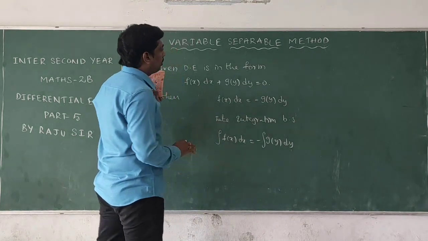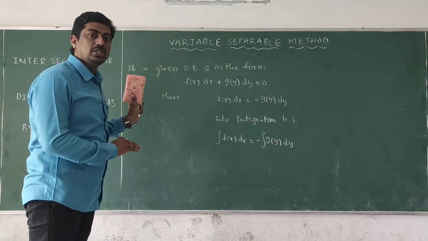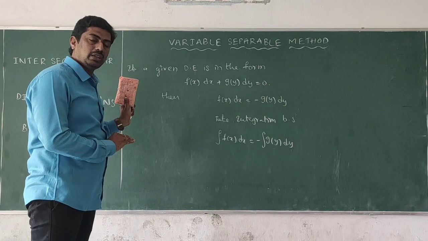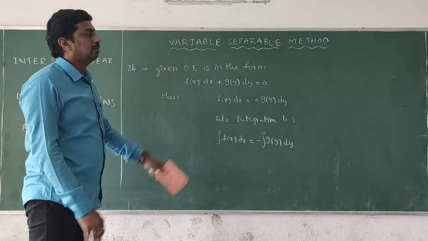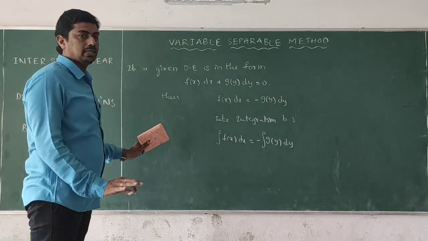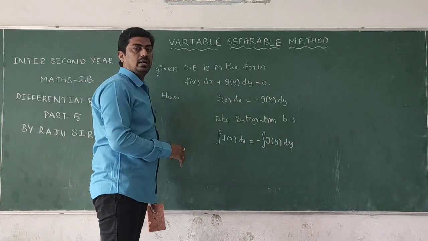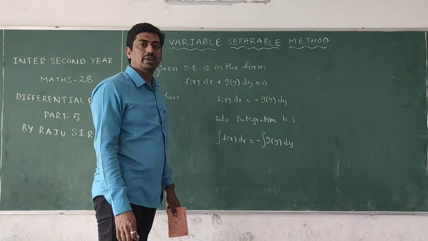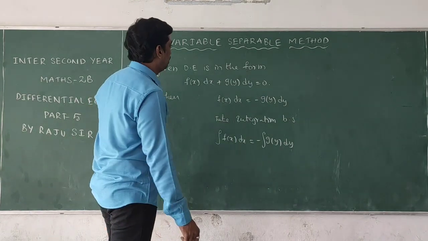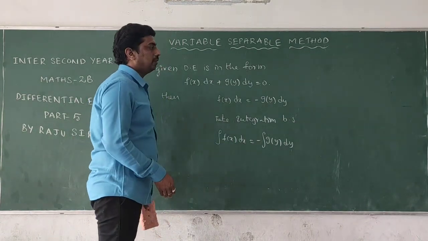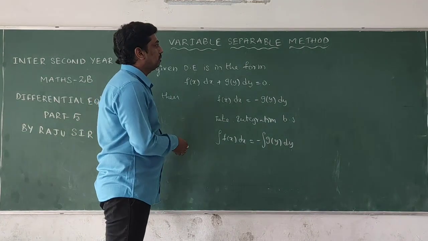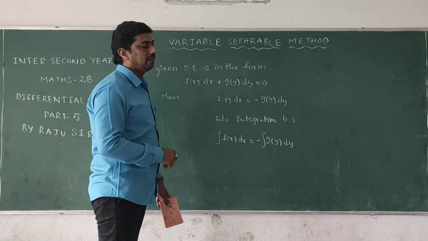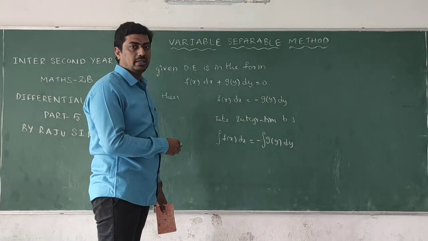This is the process to find the general solution of the differential equation by the variable separable method. Is it clear? Very simple. Separate the variables, take integration on both sides and simplify. That is the general solution of the given differential equation. Now I will explain one example, and you will understand the process very easily.